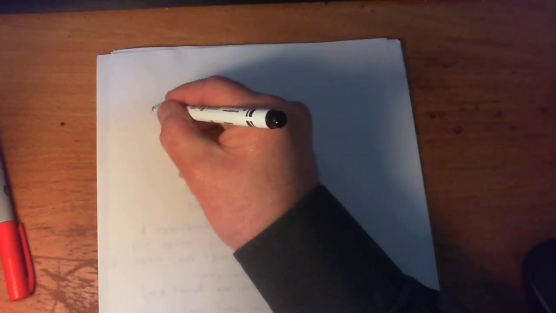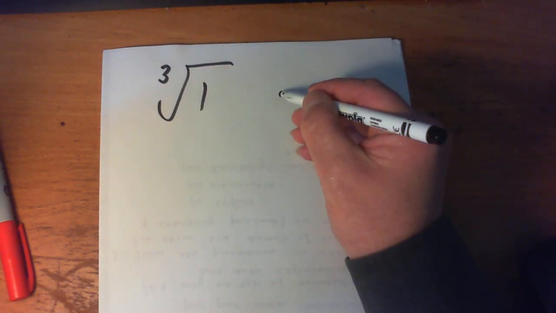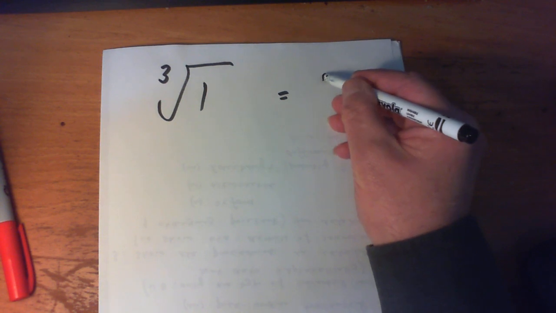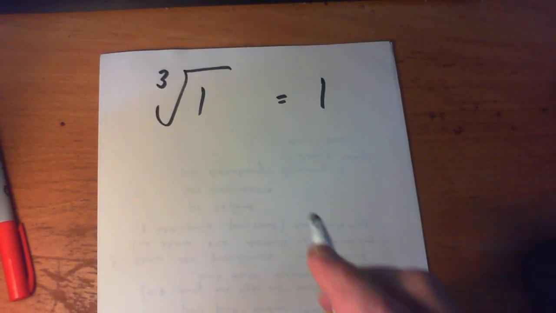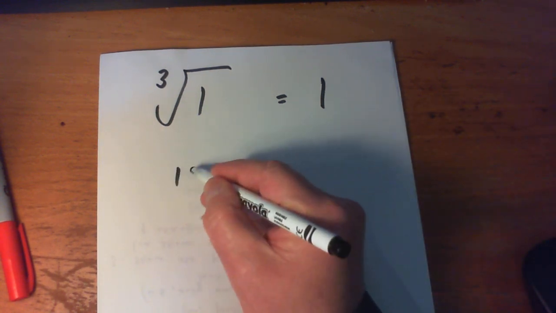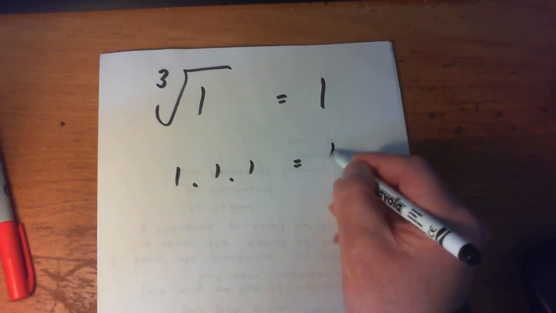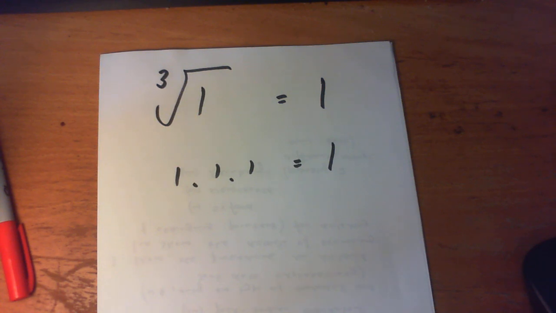What is the cube root of 1? Well, an obvious example from real life, by which I mean the type of non-mathematical life, would be 1. 1 times 1 times 1 equals 1. So 1 is a cube root of 1.